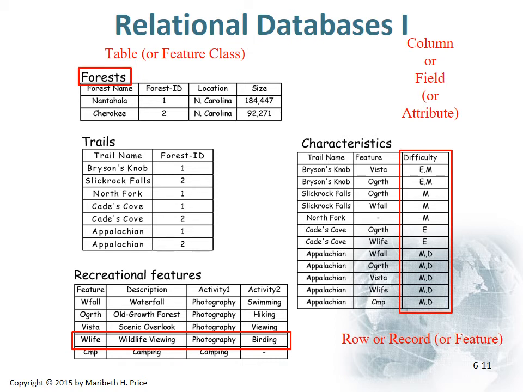Okay, and so we want to try to get those different things together. The columns are also known as fields. Those are our attributes or variables. And again, remember that the individual rows are known as records or features for these different tables.